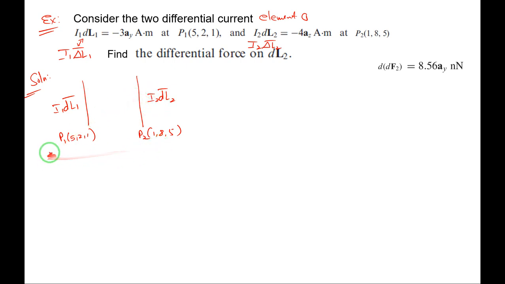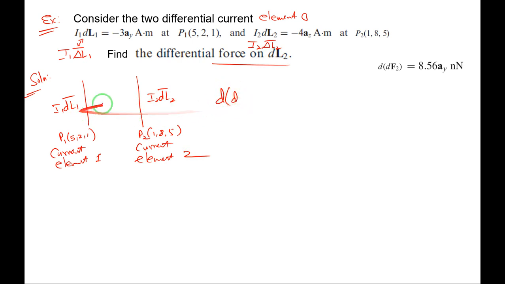Let me write it: current element 1, then current element 2. Then they are asking to find the differential force on dl2, which means find the vector force dF2, the differential force that is exerted on current element 2 due to current element 1.